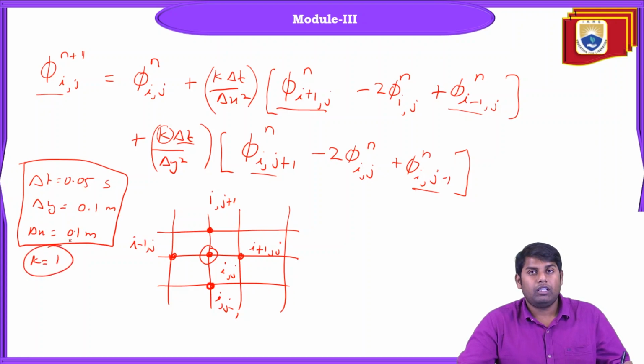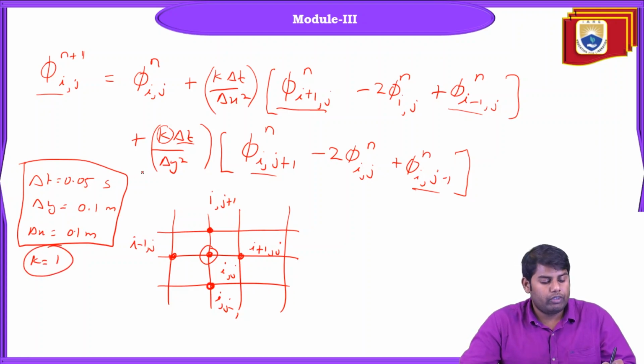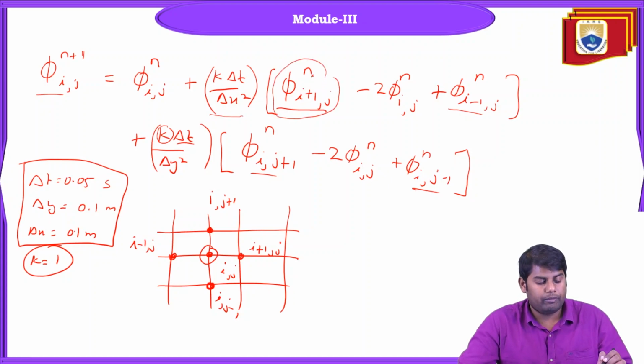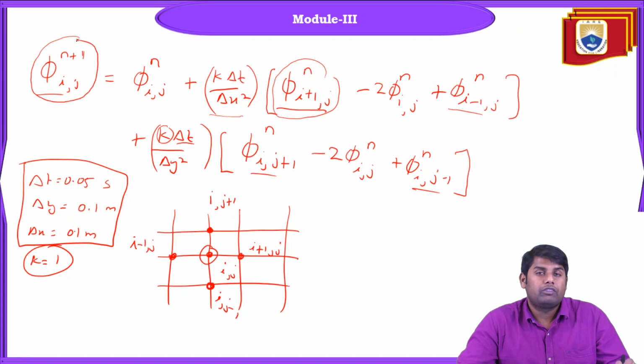These values are substituted here, so we get the numerical value, and initially these values are known from the grid itself. From that we calculate the value of phi of i comma j to the power of n plus 1. So this is one kind of approach for the explicit method.